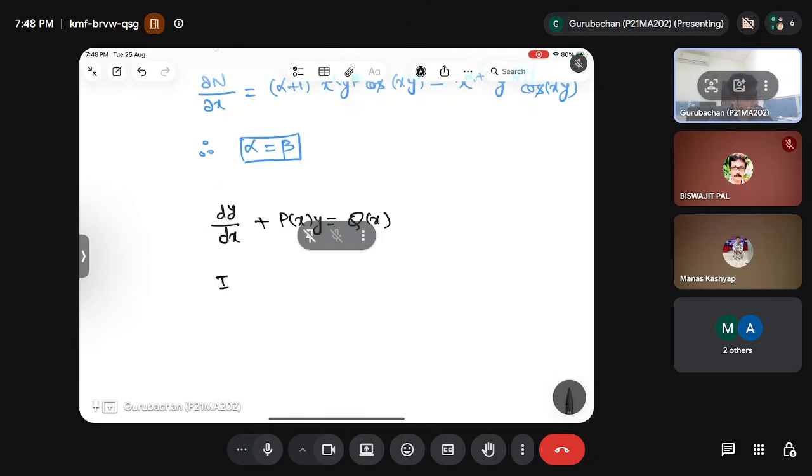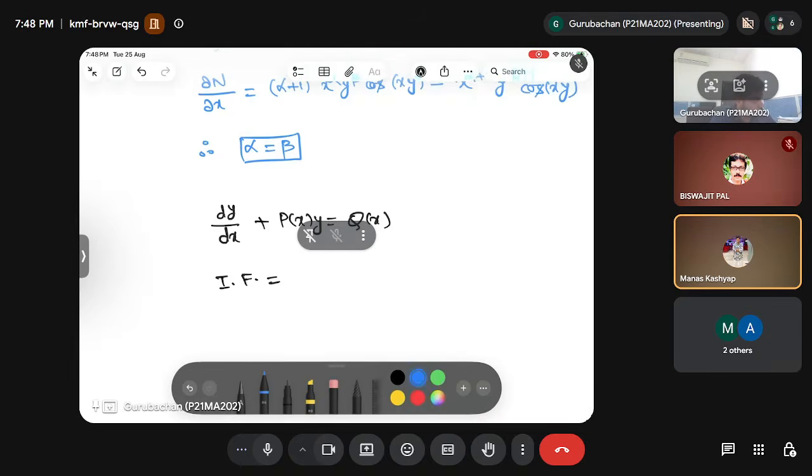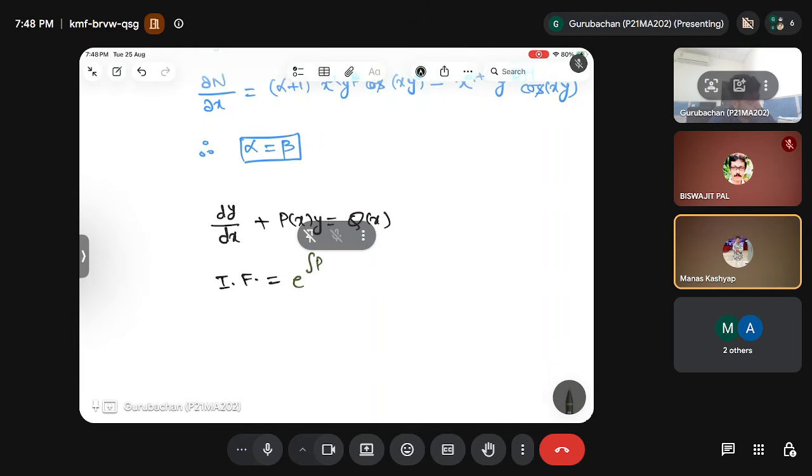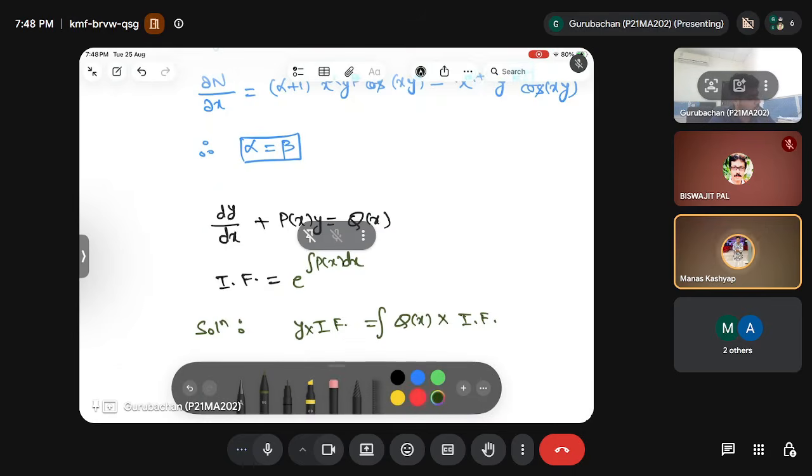What is the integrating factor? e to the power integral p dx. And what is your solution? y into IF is equal to integration of Q(x) into IF with respect to x.